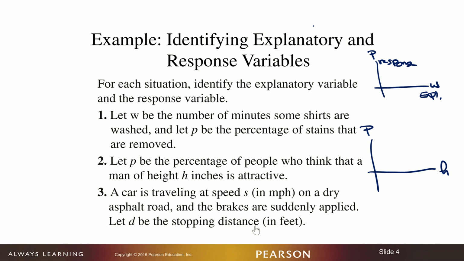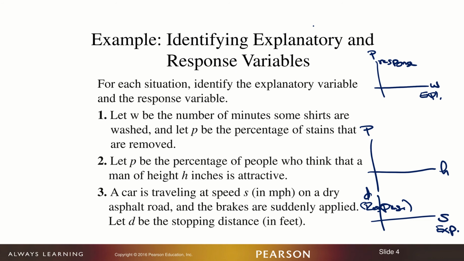So if we're going to draw this situation on a graph, we will plot the speed values on the horizontal axis and the corresponding stopping distance values on the vertical axis. So S would be the explanatory variable and D would be the response variable.